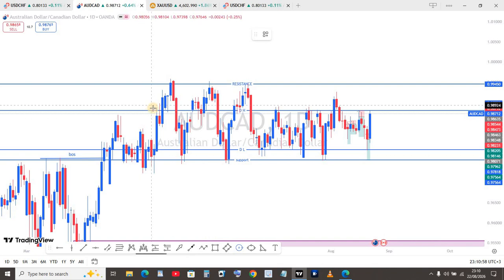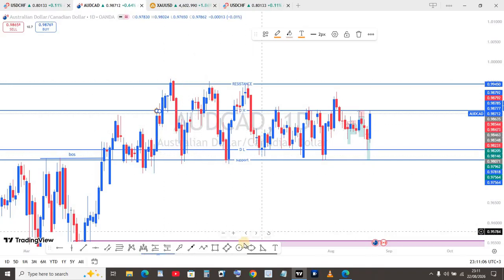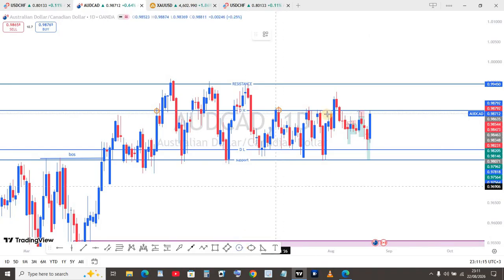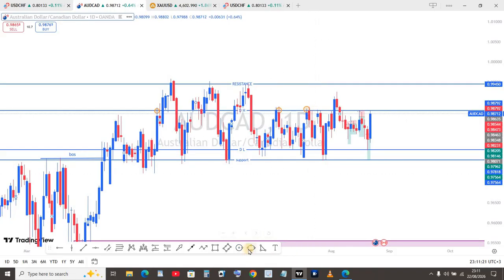So this is the level where the market touched as a resistance, and it took a selling position for a while before going up to the resistance level. Here also the market got resisted and went back as a selling position. We also have this another one. After the market went to the support, it went back and resisted here, and also here, same thing.